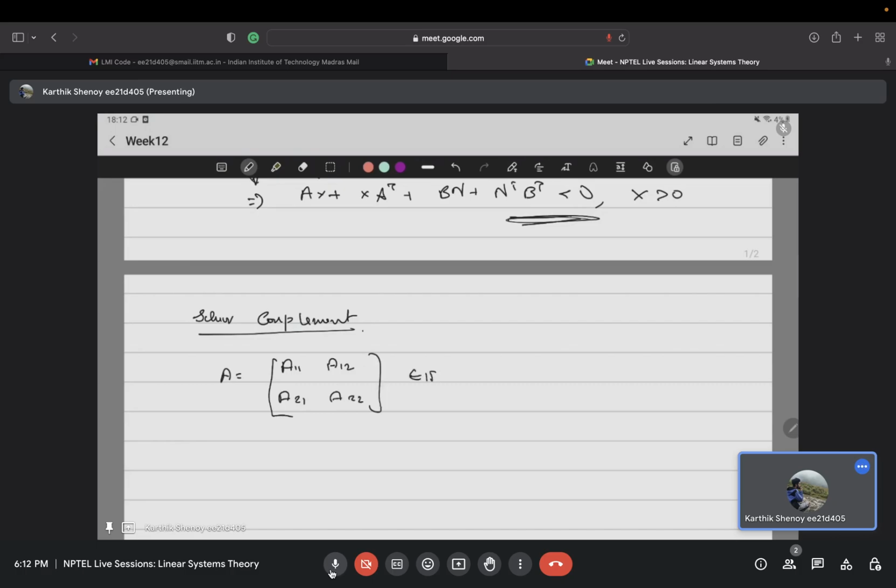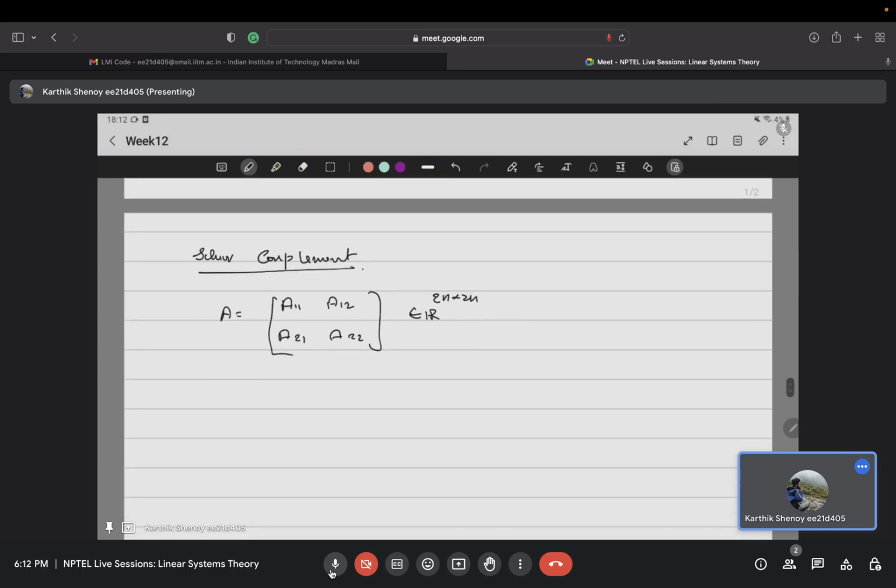Let's say this belongs to R 2n cross 2n and each block is an n cross n matrix. So if A11 is invertible, then the Schur complement of A11 is equal to A22 minus A21 A11 inverse A12.